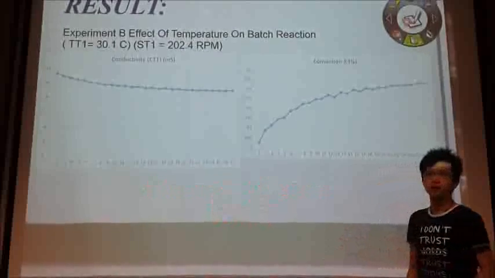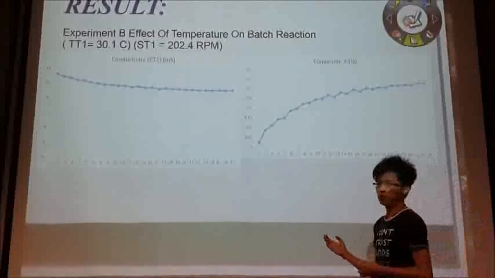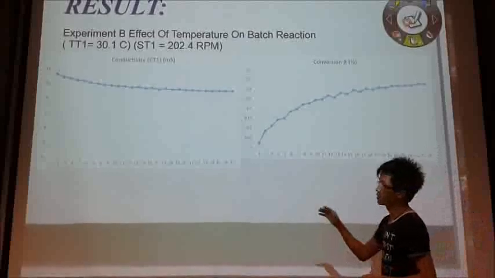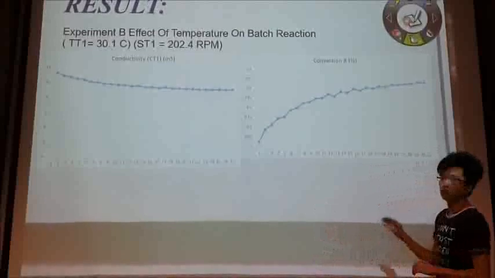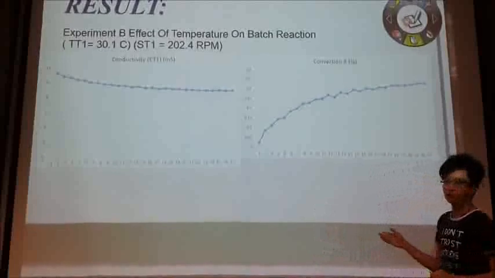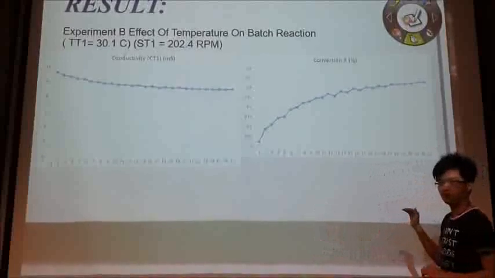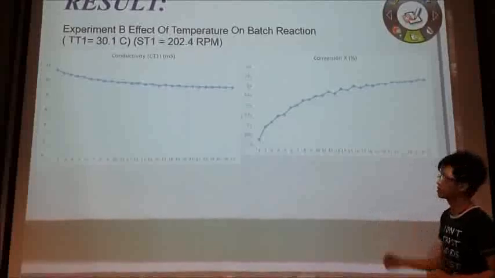So from part A, this is the result we get. For the conductivity, the conductivity decreases as time increases, while the conversion increases until a certain level as time increases.